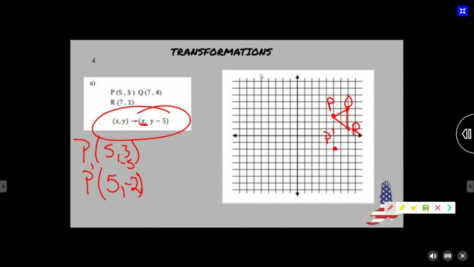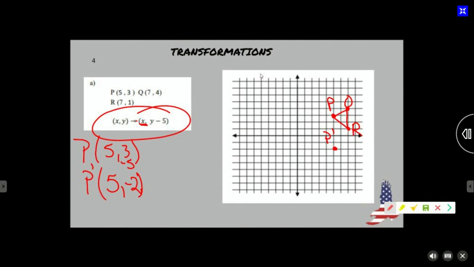Okay, when it says write the rule, I need you to write something that looks like this. These are the rules. So F was (negative 5, 5) and it went to F prime (1, 5).